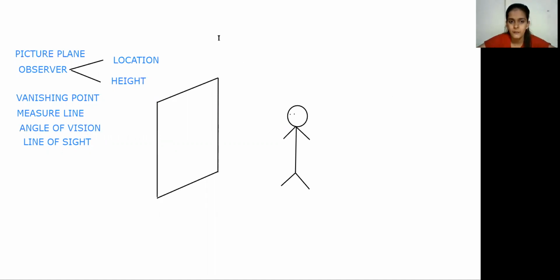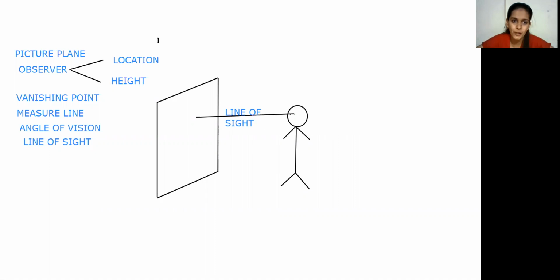So from where we are looking with the help of our eyes, the ray from our eye going to the picture plane is known as the line of sight. What is line of sight? The horizontal ray which goes out of our eyes up to the picture plane. This horizontal line is known as the line of sight, and it is perpendicular to the picture plane.